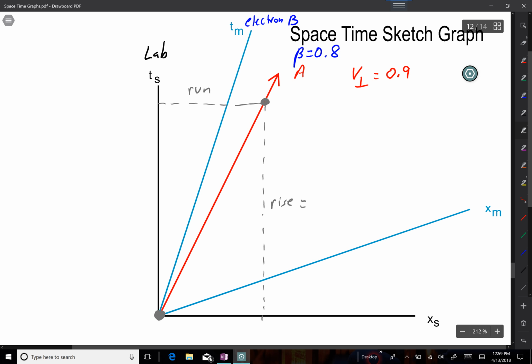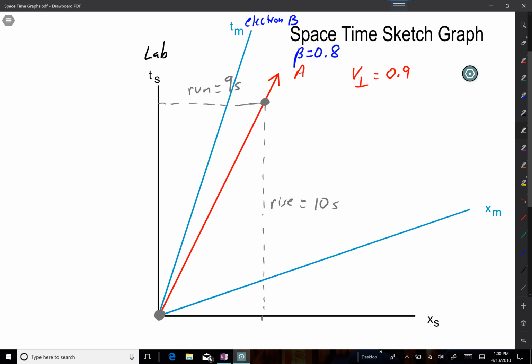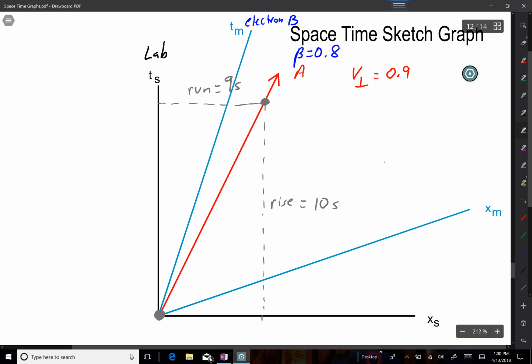And now I'm going to say that the rise is 10 seconds and the run is 9 seconds. The reason I'm choosing those two numbers is because the slope is 10 over 9, and the velocity, the inverse, equals 9 over 10, which equals 0.9.